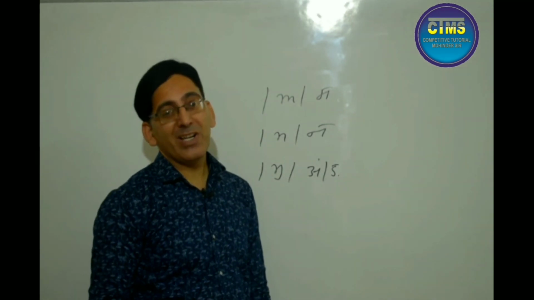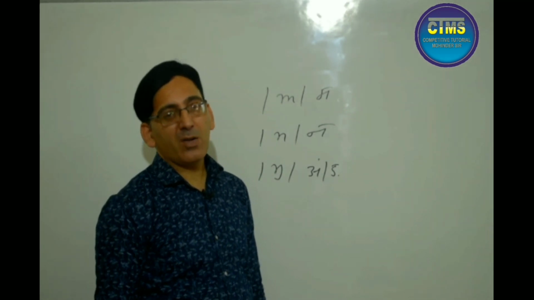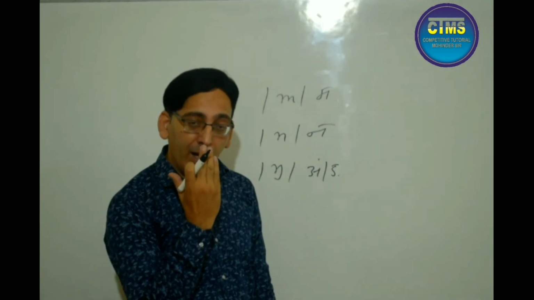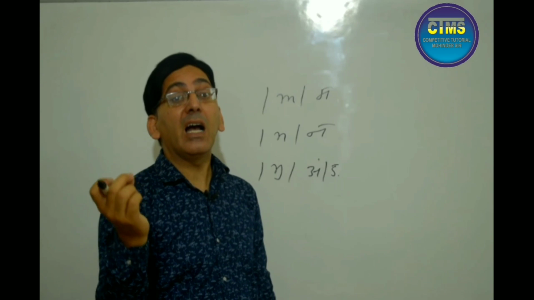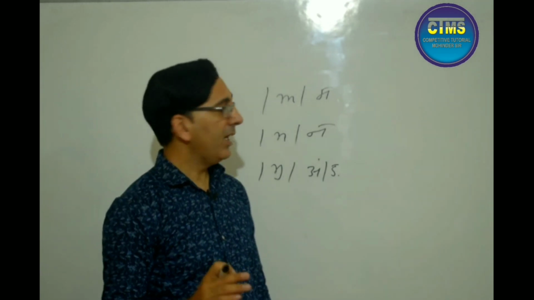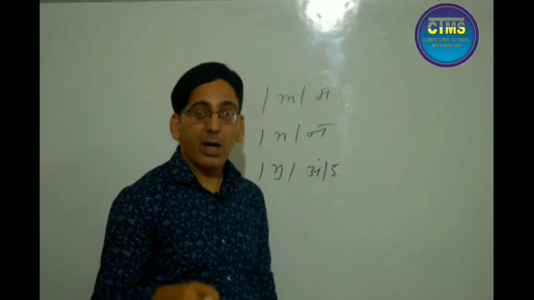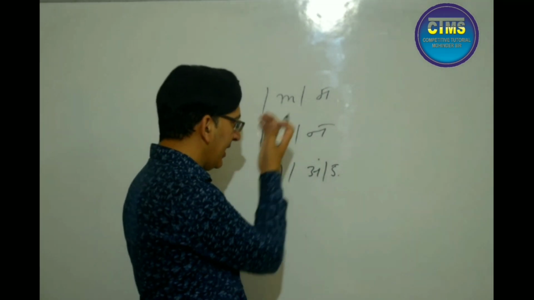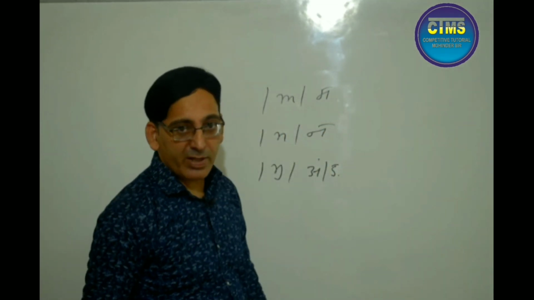That's why they are called nasal sounds. So they are pronounced as m, n, and the ng anger sound. Clear? These 3 are nasal sounds, and their Hindi equivalents I have written there.